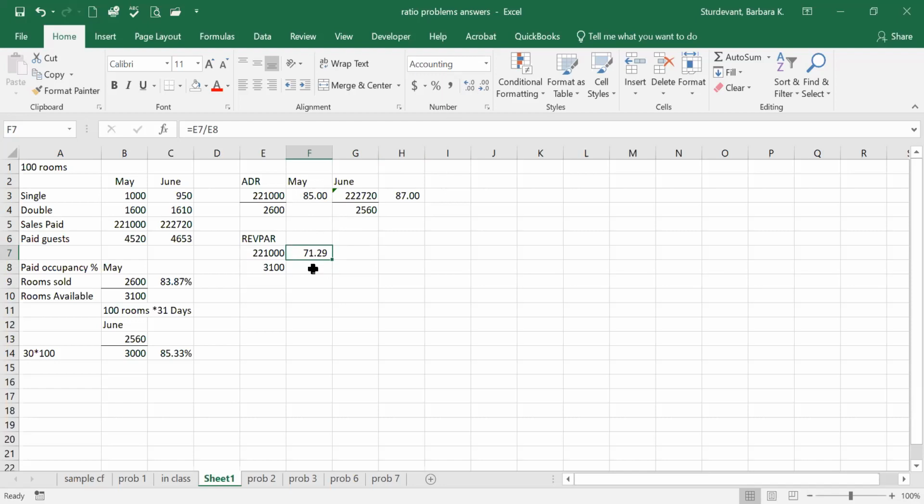This is based on if you sold 100% of your rooms. And that's the difference between the two. So just try to remember that RevPAR should always be less because it's based on 100%. And you don't ever sell 100% of your rooms.